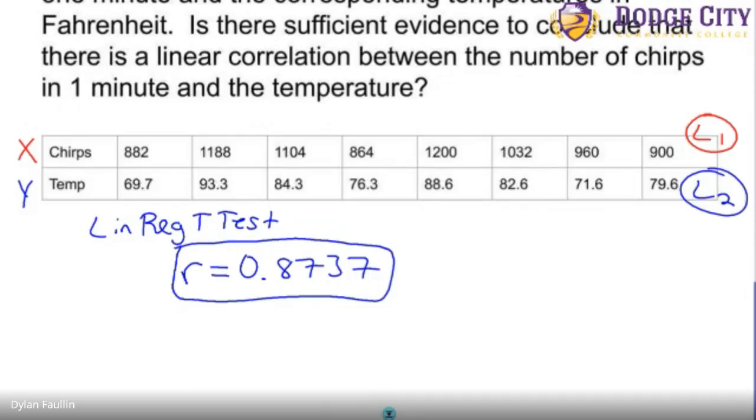How many x coordinates were there? How many numbers did we type in for x or for y? 8. There's 8. So our degree of freedom would be 6, right? The degree of freedom is 2 less than the number of data points you have, so it would be 6. And then again, you have to pick a significance level.